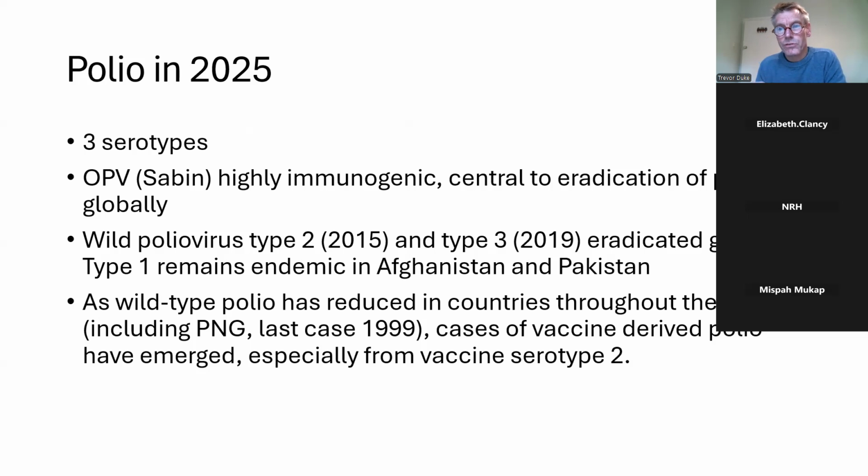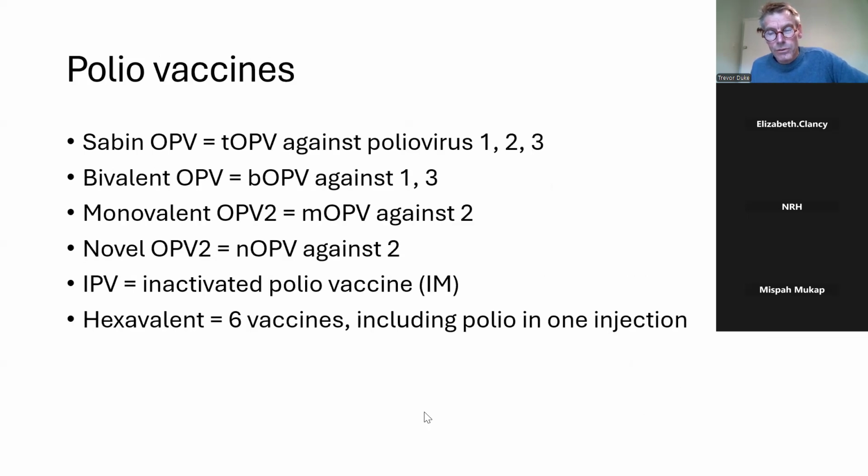It's only if it circulates in a population and mutates to the point of being neurotropic again. So to understand polio in the modern era, you need to understand a whole lot of different vaccines. And I'll just go through them a bit and talk about what we call them.